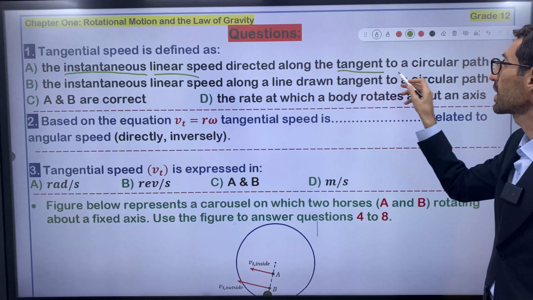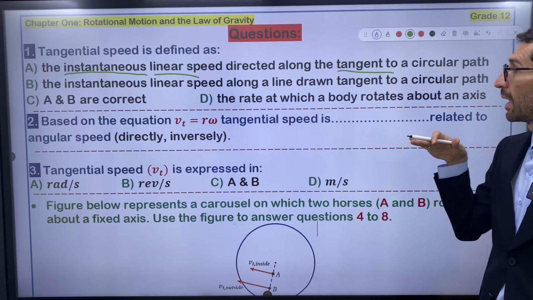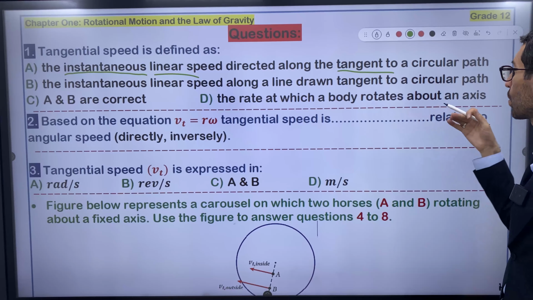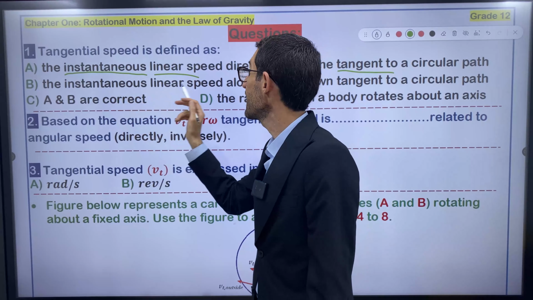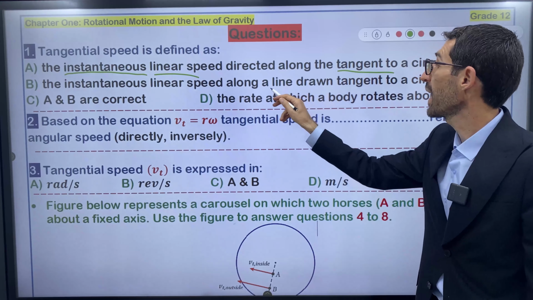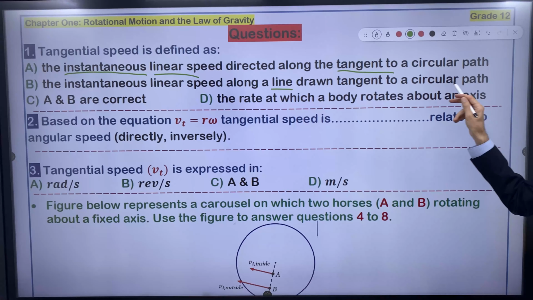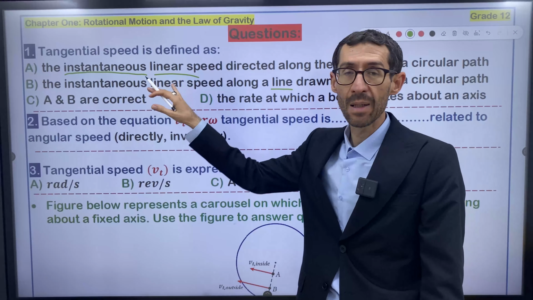And after that, it mentions the direction, which is directed toward the tangent to the circular track. So it's true. B, the instantaneous linear speed along a line drawn tangent to a circular path, is true. That's why till now A and B are true.